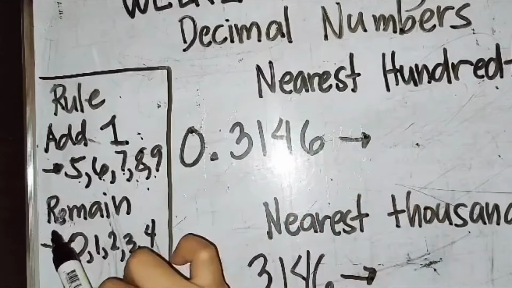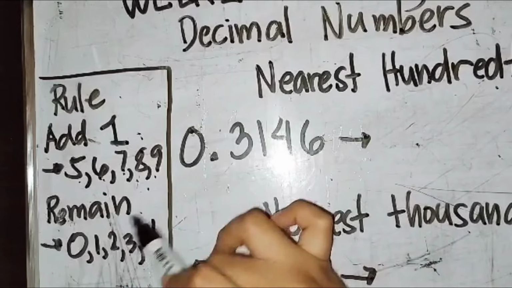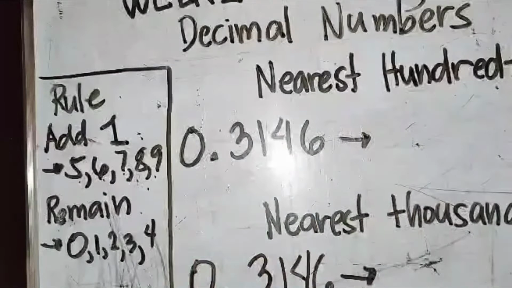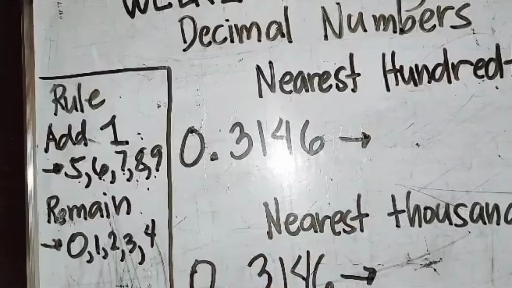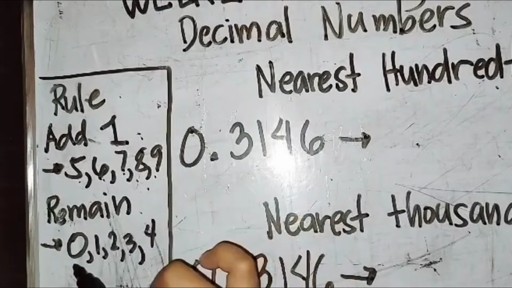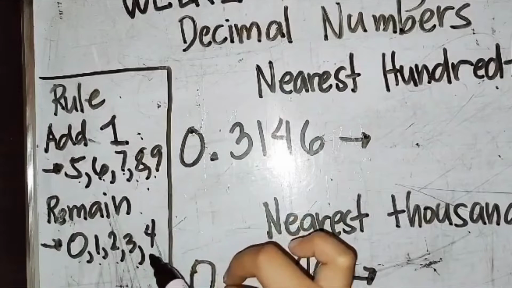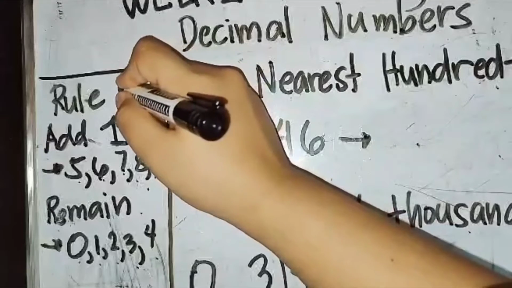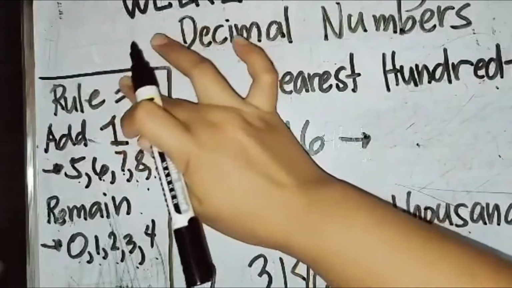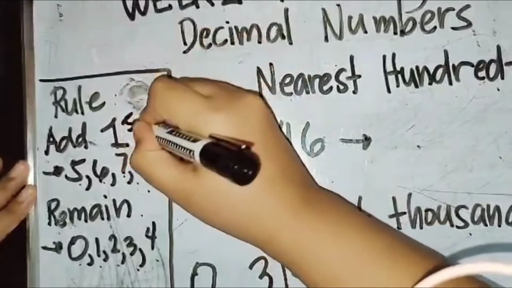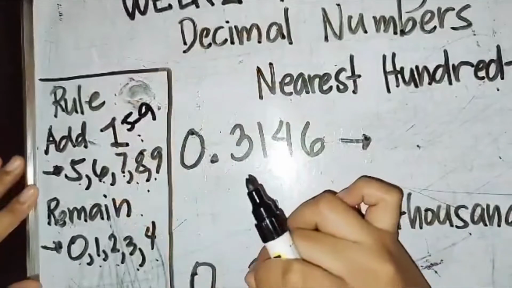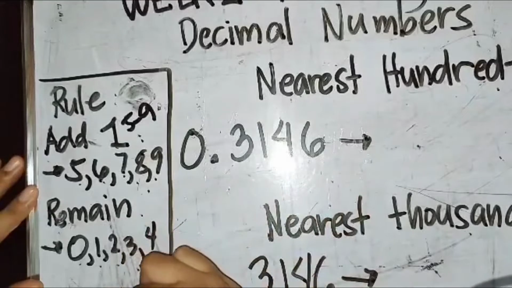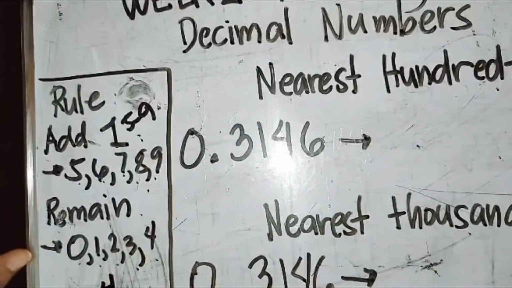And then, the second rule is to remain, or wala tayong idadagdag, walang ibabawas, yun pa rin ang isusulat na number, if the number beside the rounding place is 0, 1, 2, 3, and 4. Sa madaling salita, pag ang katabi niya sa kanan ay 5 to 9, add 1. Pag ang katabi niya sa kanan ay 0 to 4, the number will just remain.